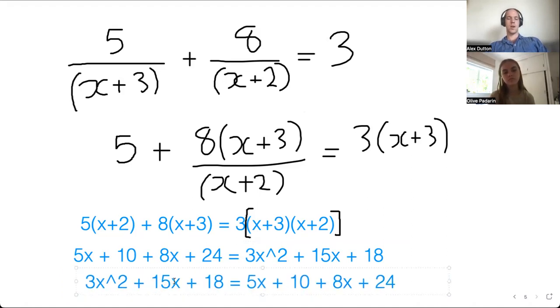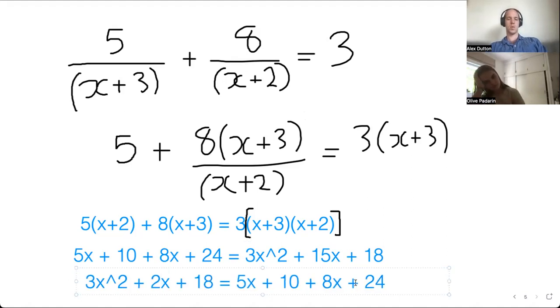And now I take 13x from both sides, so I get 2x. And then I'm going to take away 34 from both sides, so I'm going to get negative 16.